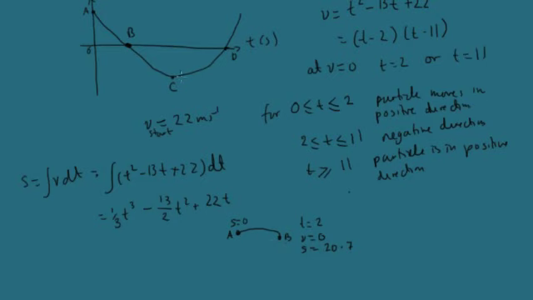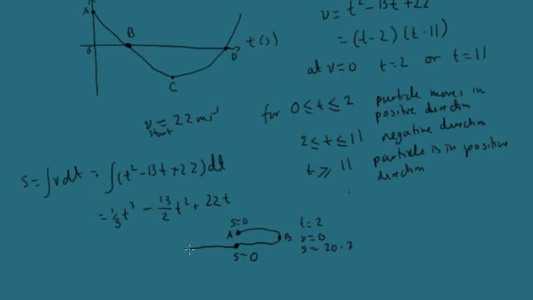Now, after this it then goes in the opposite direction, and at point C, s equals 0 because this is a minimum. So it's back at the same position.